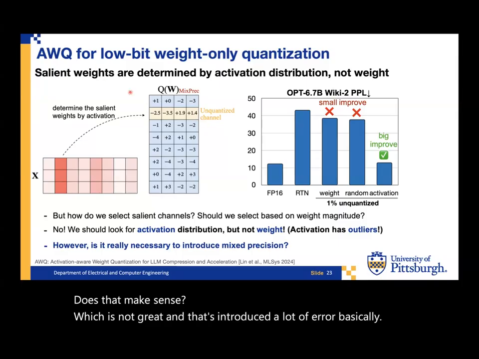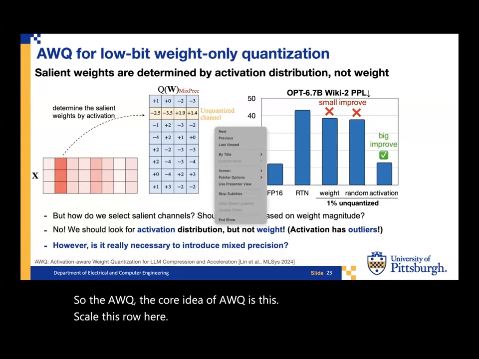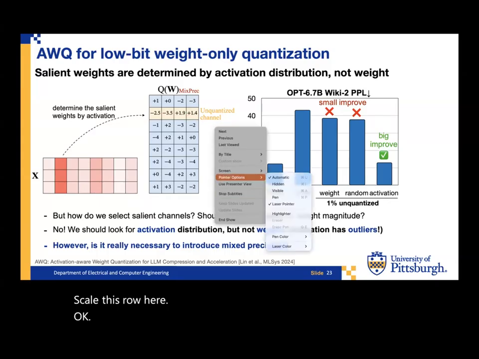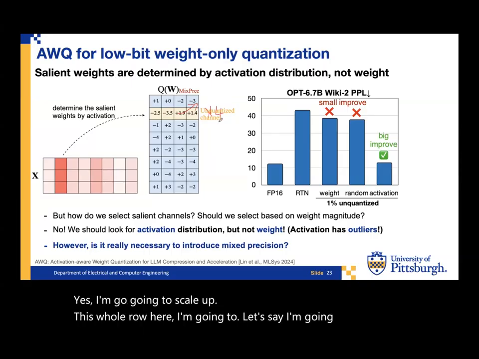So the core idea of AWQ is this. I'm going to scale up this whole row here. Let's say I'm going to multiply by a scaling factor of 4.